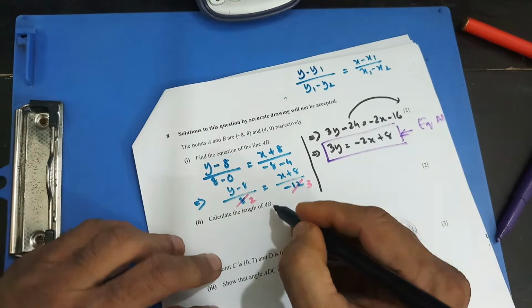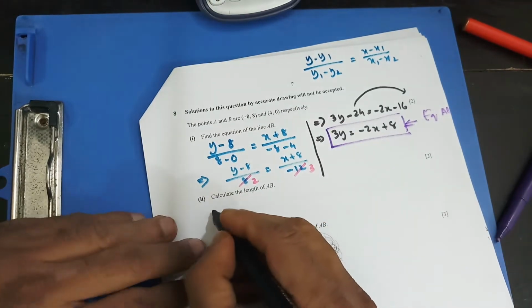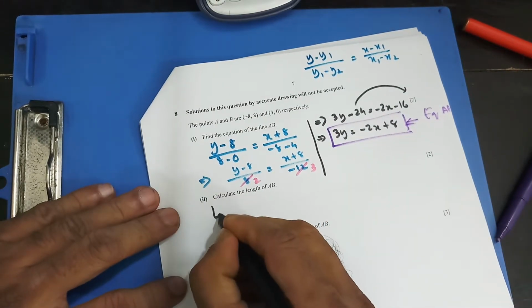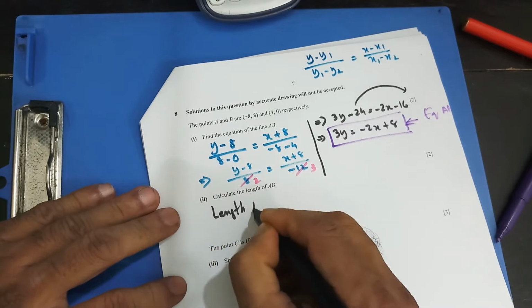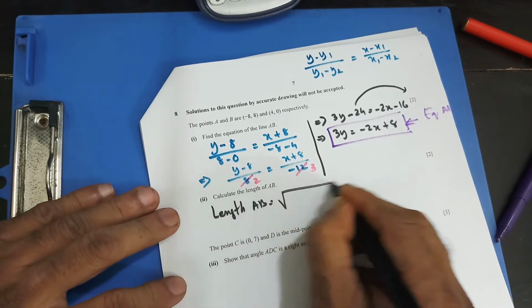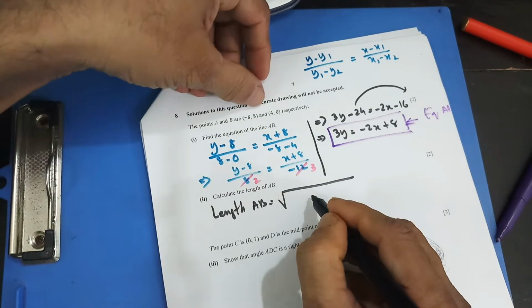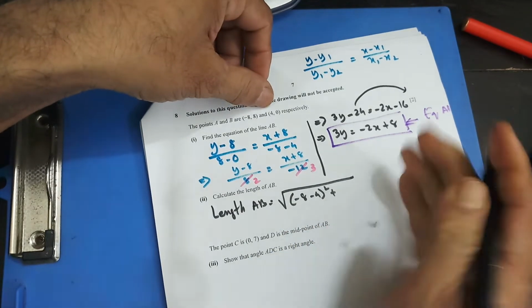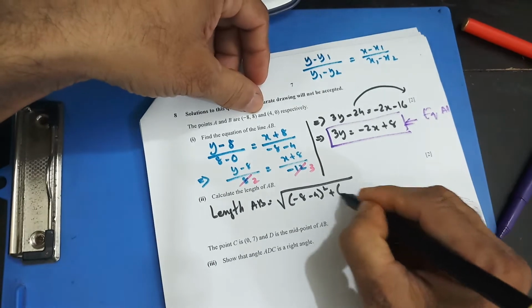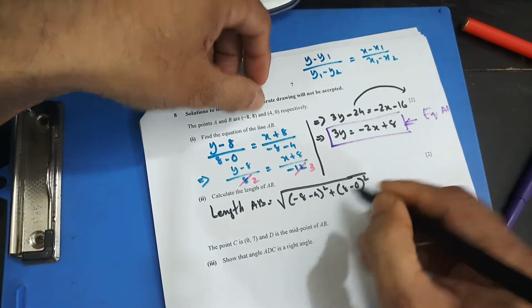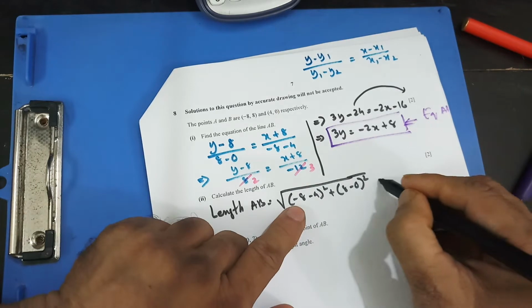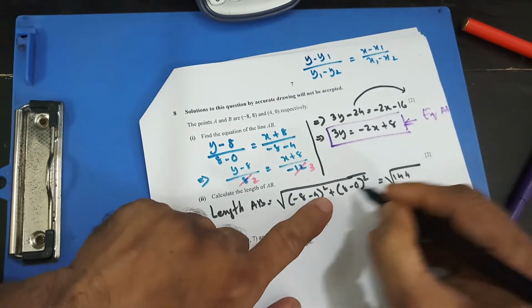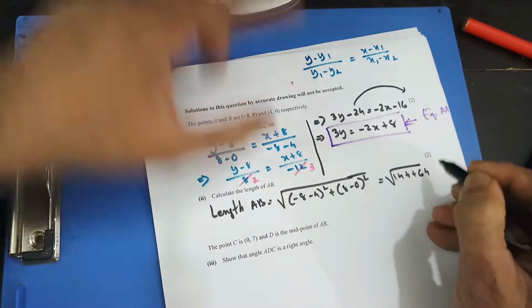All right, calculate length AB. Now, I hope you know the formula. Length AB equal to square root of x1 minus x2 whole square, that means minus 8 minus 4 whole square, plus y1 minus y2 whole square. So this is going to be minus 12 whole square, that means 144, and 8 square means 64.